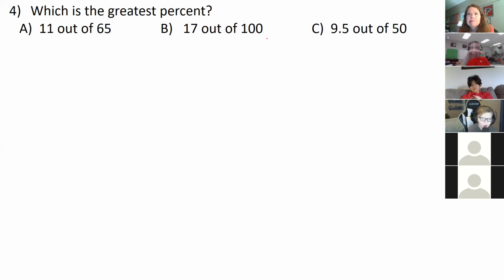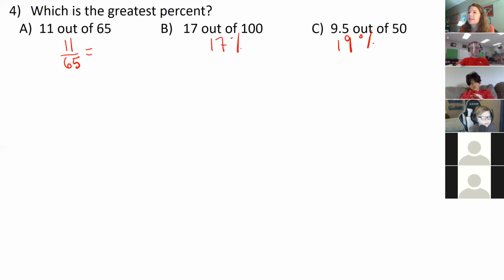You do 11 divided by 65. Yep. You can also rule out some answers. Because 50 is half of 100, so you know it's not B because 9.5 plus 9.5 is 19. So you know that C is 19%, B is 17%, and we don't know what A is, so you can rule out B. Oh my gosh, you're so smart.